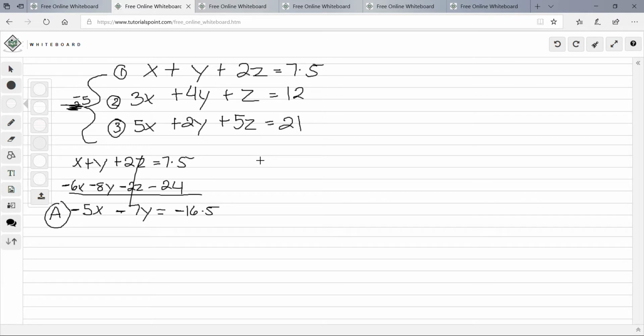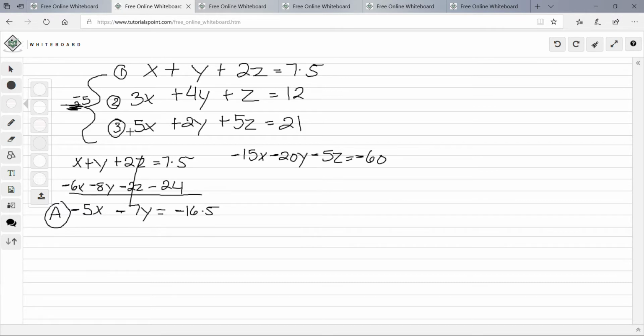So -5 times 3x is -15x, and then -5 times positive 4y is -20y, and then -5 times z is -5z, and then -5 times 12 is -60.